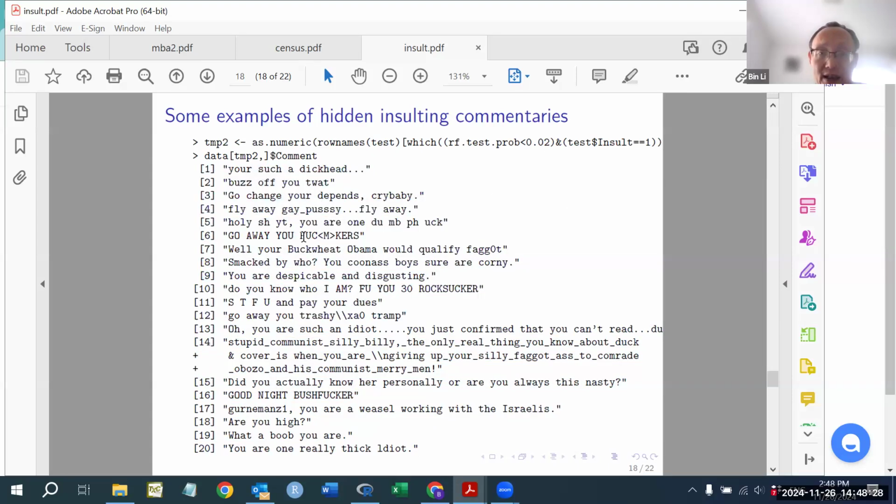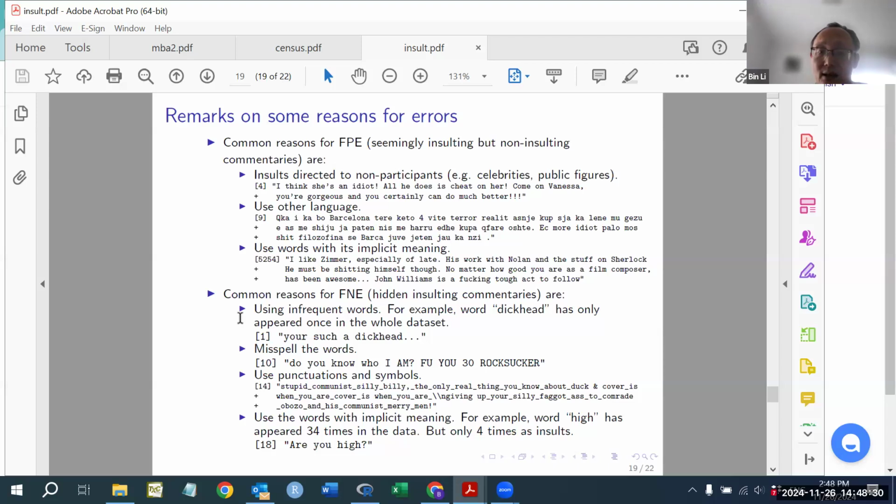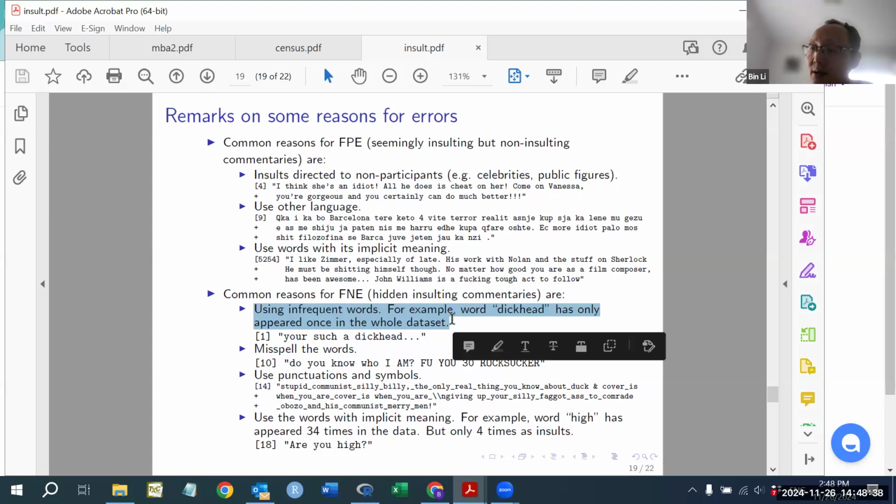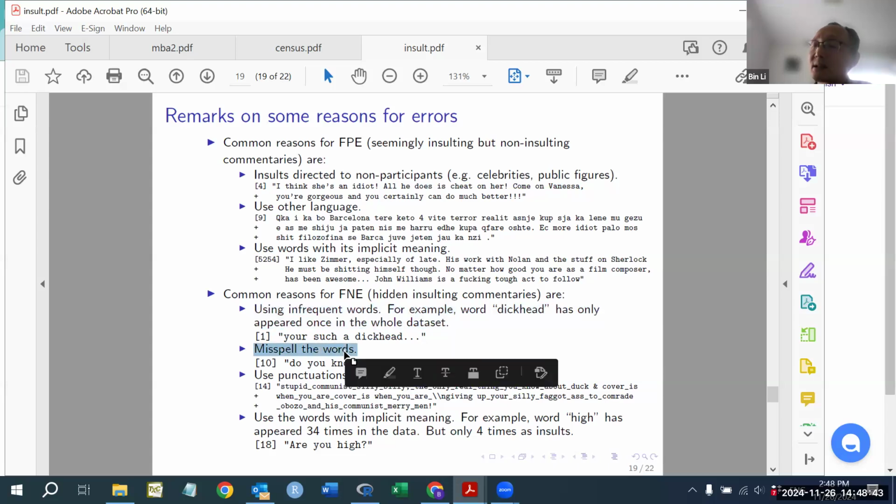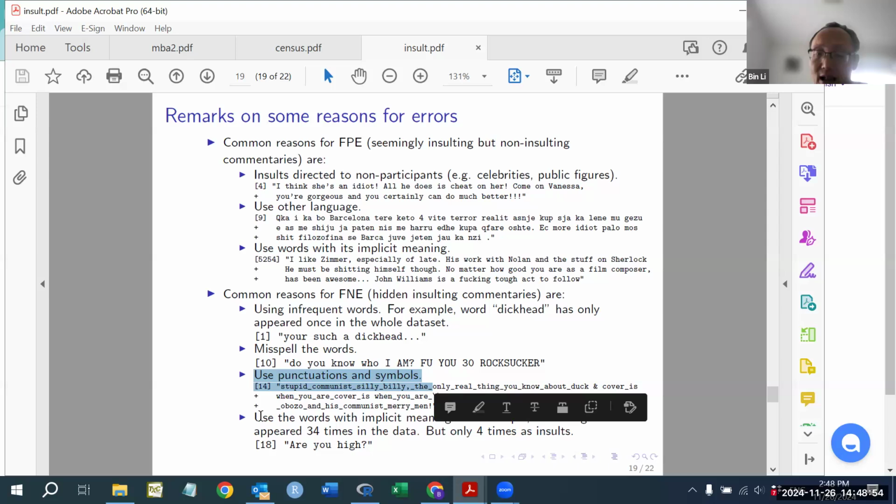Then I look at these and found the main reasons. First, some of them use relatively infrequent words. Some of them use misspelled words, which is another main reason. Another one is the use of punctuation marks and symbols. And the last one is the use of implicit meanings.